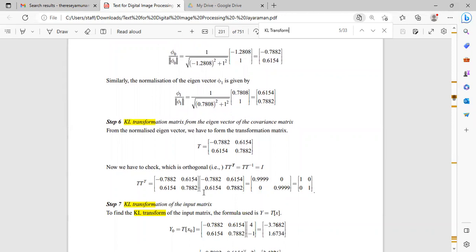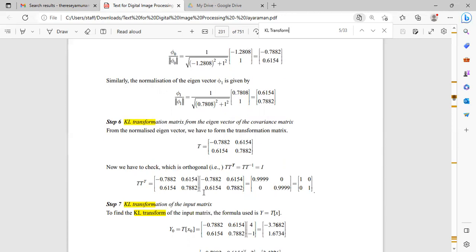Now, we have to check whether this transformation is reversible. Any transformation is valid only if it is reversible. That is, you should be able to get back the original data when you perform the inverse transformation.